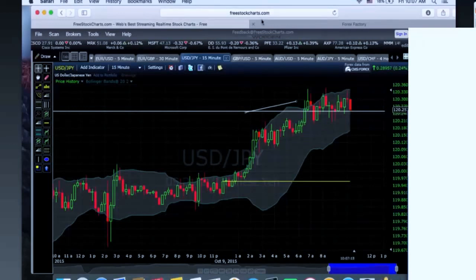Let's go for the first scenario. 237 or 240? 240 call for 14:15 GMT, and then we'll decide the put in a bit, because it's going to shoot up in about 2 or 3 minutes.